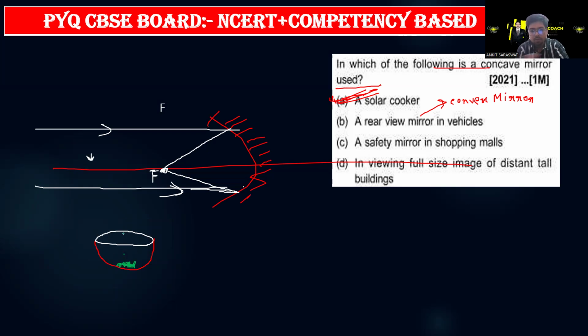I'm not showing the focus and all those things. I just want to tell that when sunlight is coming, all the rays come like this and hit the dish which you want to cook. So it is at the focus.